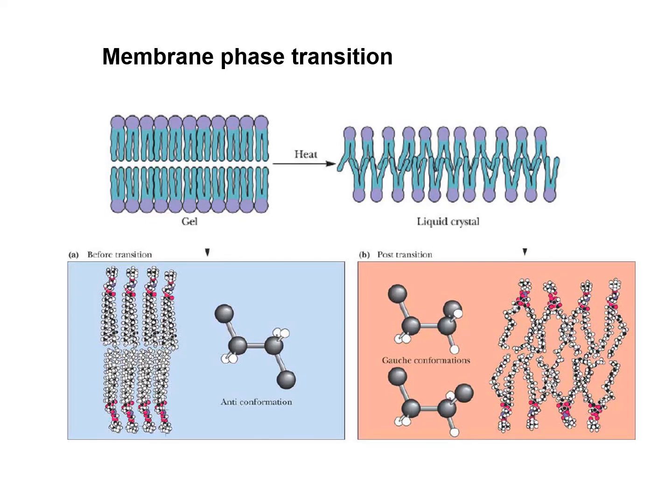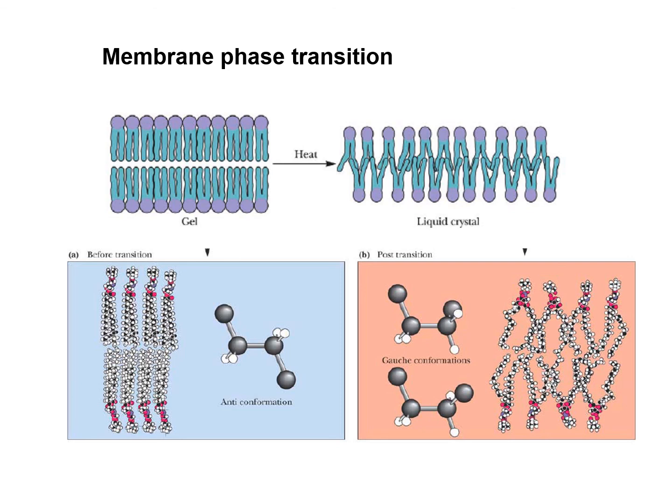Again, the membrane is dynamic and fluid-like, so it can have a phase transition too, from a gel-like structure to a liquid crystal-like structure. It can be induced by heat. Before the transition, the lipid molecules are aligned really nicely to form a tightly packed lipid bilayer with the anti conformation, the extended structure of the hydrocarbon tails of the lipid molecules.